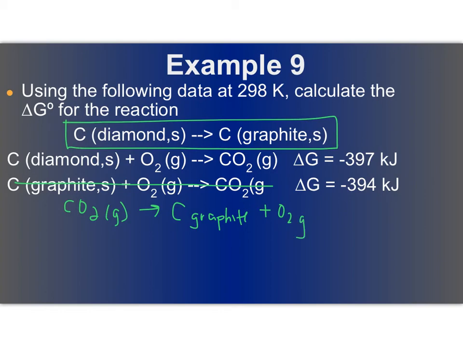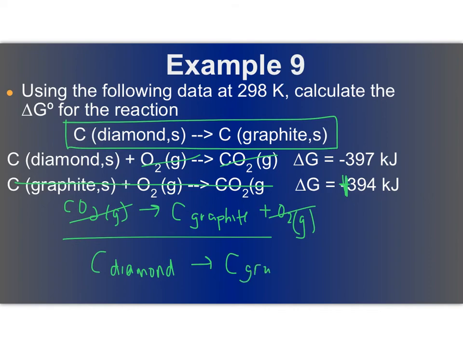When I flipped the equation, that made me flip my sign, and then we can see that the CO2s will cancel out, the O2s will cancel out, and we'll be left with C diamond yields C graphite, which means now all I have to do is add these equations up, and that will give me negative 3 kilojoules.